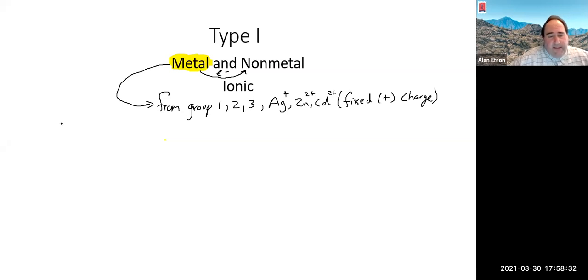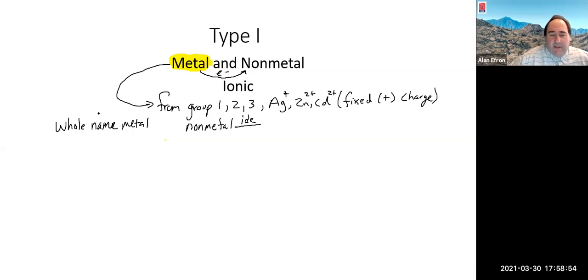And what happens is we use the whole name of the metal. Then our non-metal gets the same ending we were just talking about: we drop the last part of the non-metal and insert the IDE.